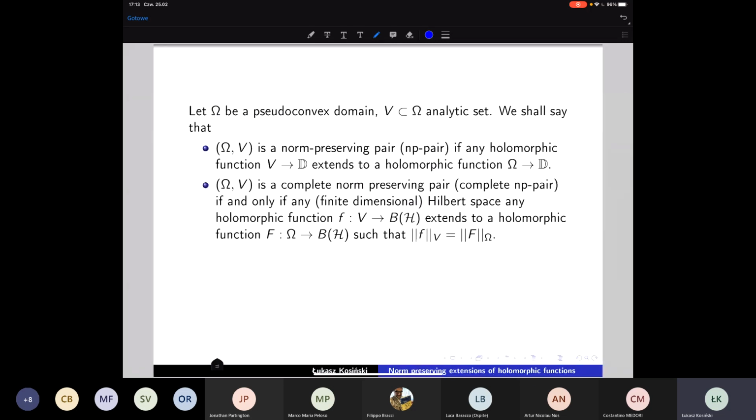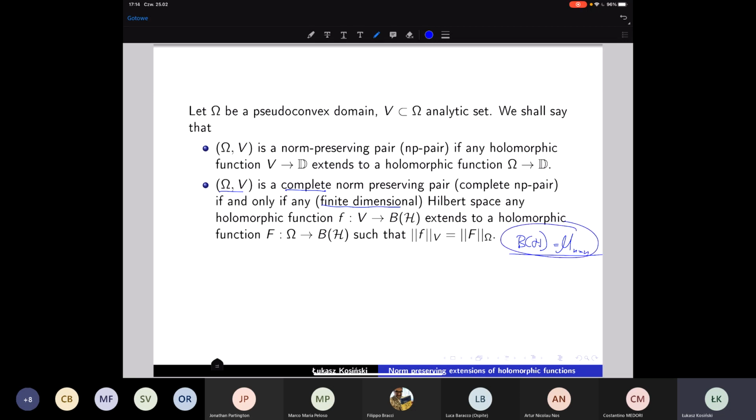We shall say that omega, V is a complete NP pair if and only if for any holomorphic function on V with values in B of H, we can think also about finite dimensional spaces, then these are just matrices. If you're not familiar with this, we can think about it in this way.